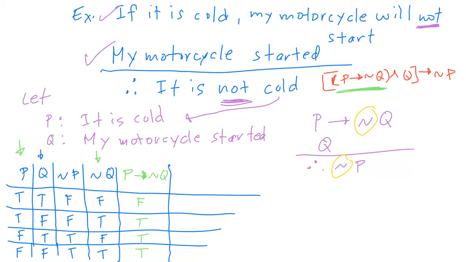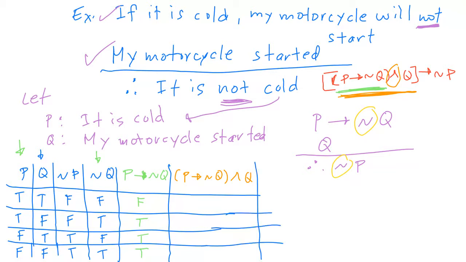Okay, and then let's go for the next one. Moving outside, we're using the connective AND. That would be now if P, then not Q, and Q. So let's extend the truth table.